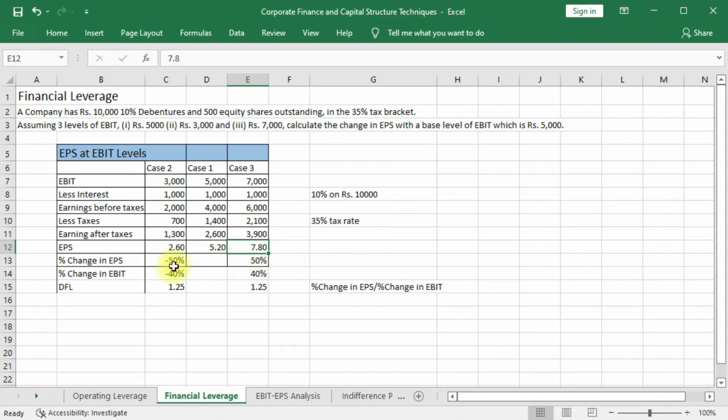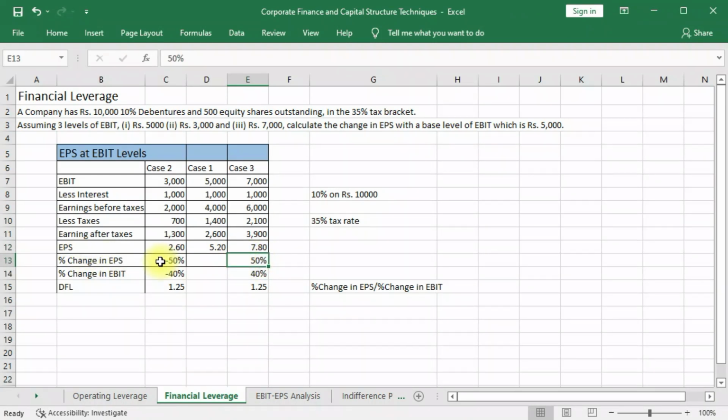So what is the percentage change in EPS? It is exactly half. See, 2.60 times 2 is 5.20, plus 2.60 is 7.80. So between 5.20 and 2.60, the change is minus 50%. And between 5.20 and 7.80, the change is plus 50%.